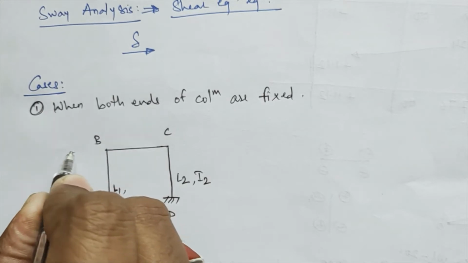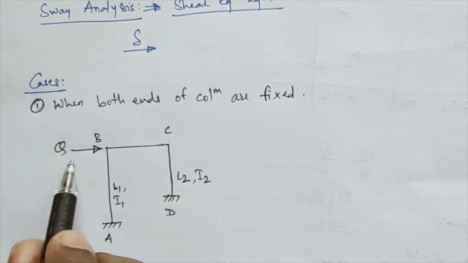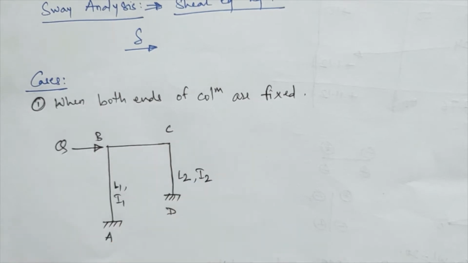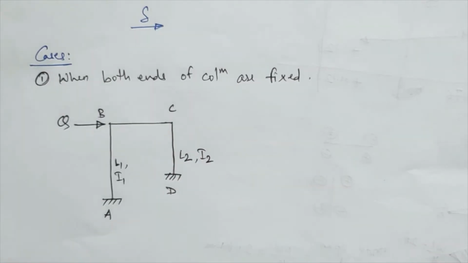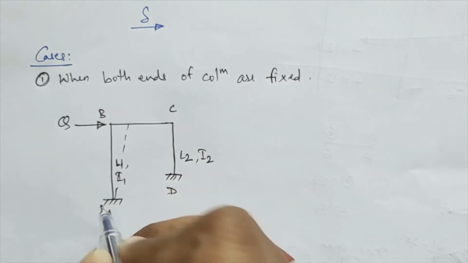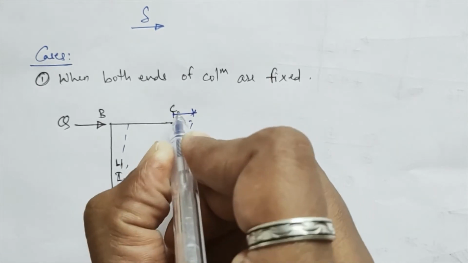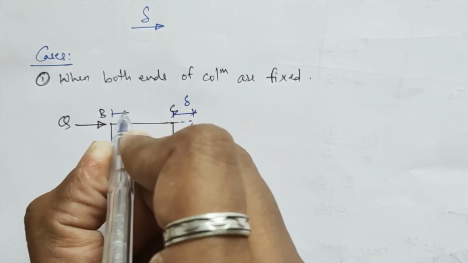Suppose I am applying a lateral load of amount Q to this frame. Due to this load, this frame will try to sway towards the right direction. Suppose it sways in this way, and this quantity will be called your sway coefficient, equal to delta.